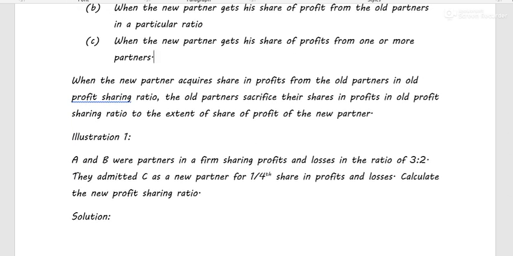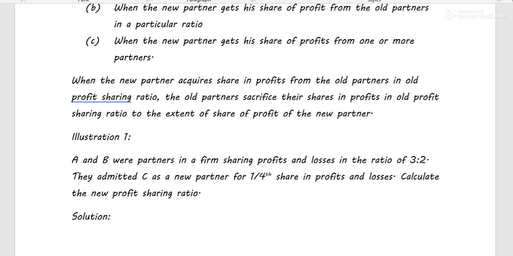So illustration 1: A and B were partners in a firm sharing profits in the ratio of 3:2. They admitted C as a new partner for 1/4 share in profits and losses. Calculate the new profit sharing ratio. So here A and B were sharing profits and losses in the ratio of 3:2.